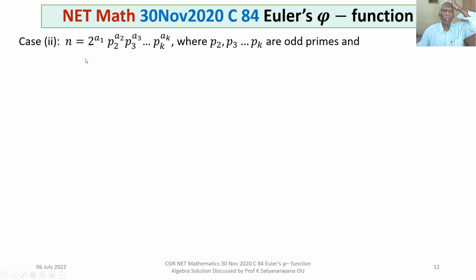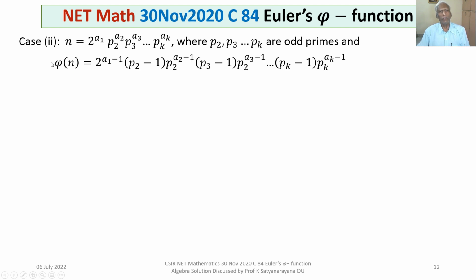Case 2: n is equal to 2 to the power of a1 into p2 to the power of a2, p3 to the power of a3, and so on, pk to the power of ak, where p2, p3, pk are odd primes. Let's take its Euler's phi function. Phi of n is equal to 2 minus 1 into 2 to the power of a1 minus 1, p2 minus 1 into p2 to the power of a2 minus 1, p3 minus 1 into p3 to the power of a3 minus 1, and so on, pk minus 1 into pk to the power of ak minus 1.